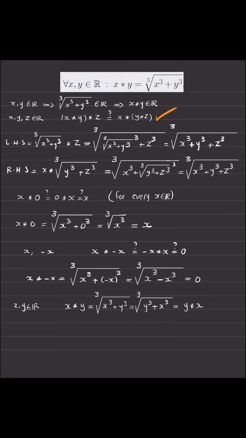So this means that for any pair of arbitrary real numbers, x star y equals y star x. So this means that this operation is also commutative. So therefore, R together with this binary operation forms an abelian group.